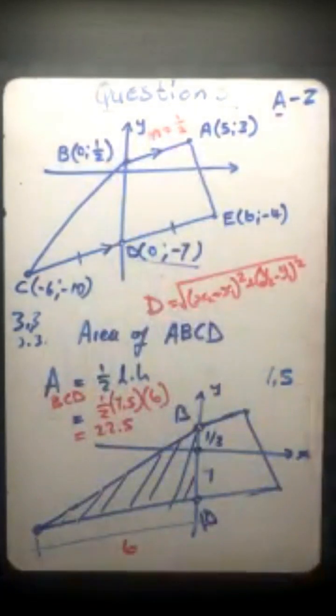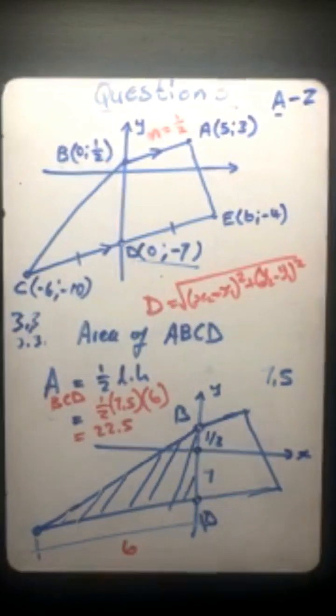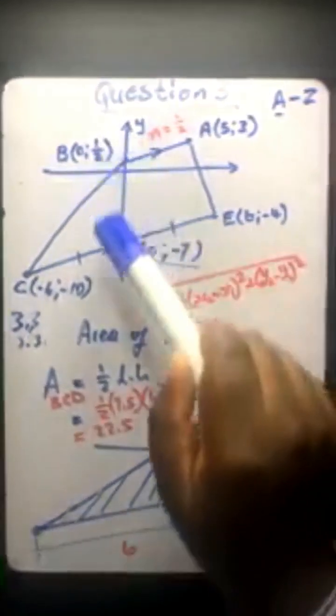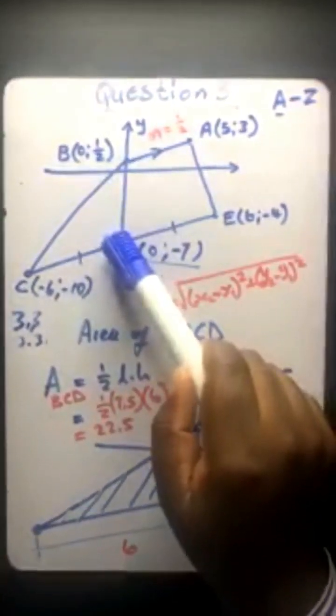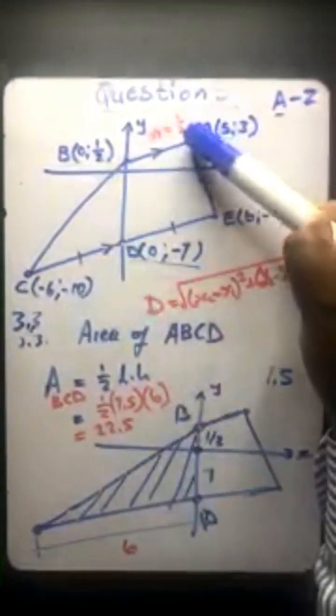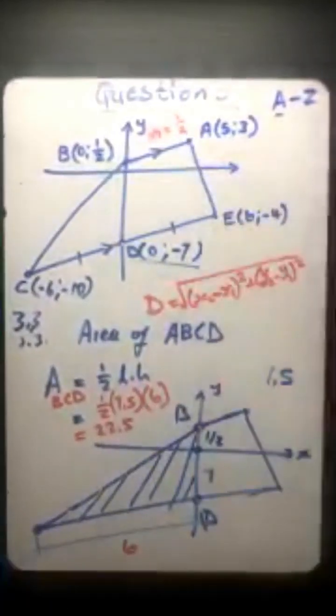Meaning, already, this is not a rectangle, it is not a square, which possibly means from that point to this point is obviously not equal to that point to that point.